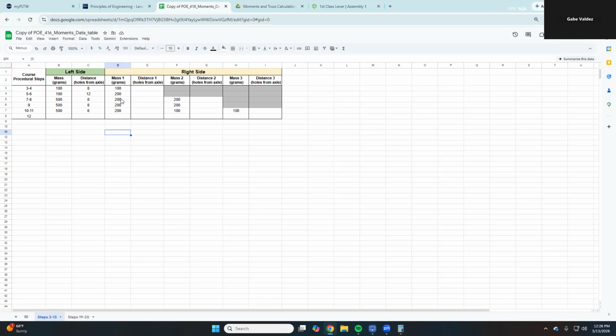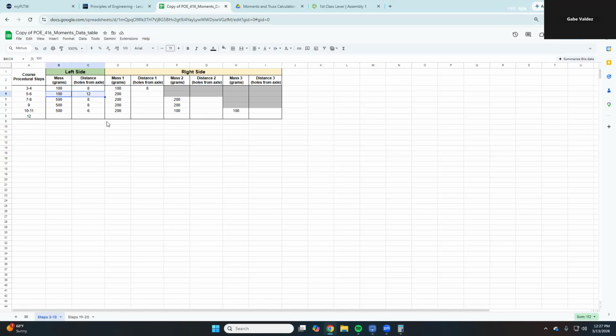Just for the sake of working out the math here without doing any sort of conversions, you can just say, you know what, we're going to use a unit for moment nobody ever uses, gram holes. So 100 times 8 would be 800 gram holes. And in order to balance out on the right side, this also has to equal 800 gram holes. So where do I need to put this mass? Eight holes away from the fulcrum on the right-hand side.